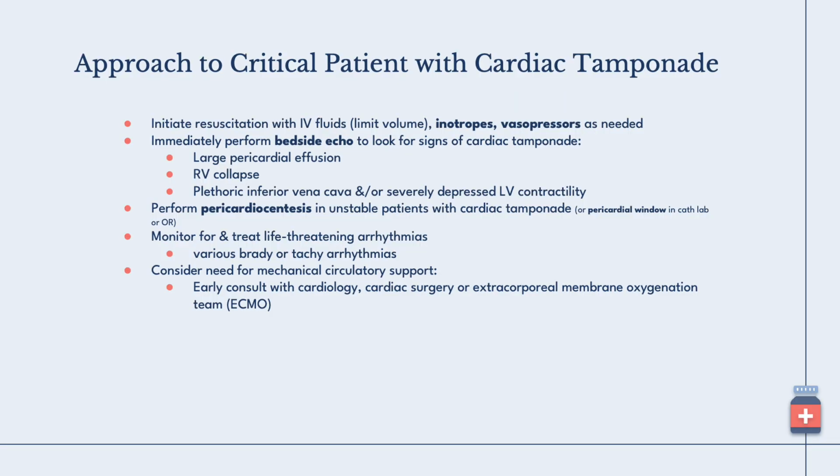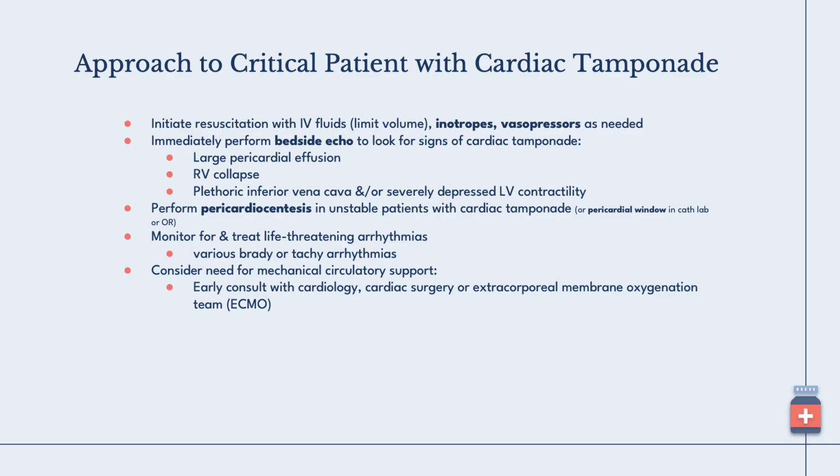So our approach to our critical patient with cardiac tamponade: initiate resuscitation with IV fluids, but you want to limit the volume. Inotropes, so you want to increase the contractility of the heart, and vasopressors as needed. Immediately perform your bedside echo and look for the signs of the tamponade: large pericardial effusion, RV collapse, plethoric inferior vena cava, and severely depressed LV contraction.